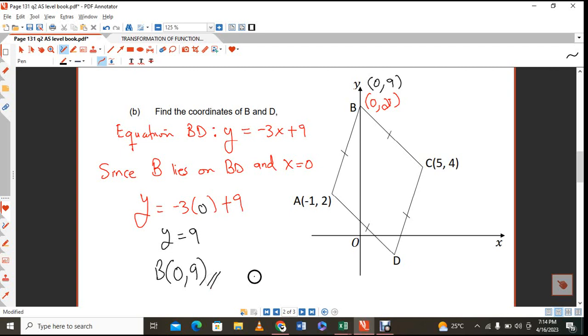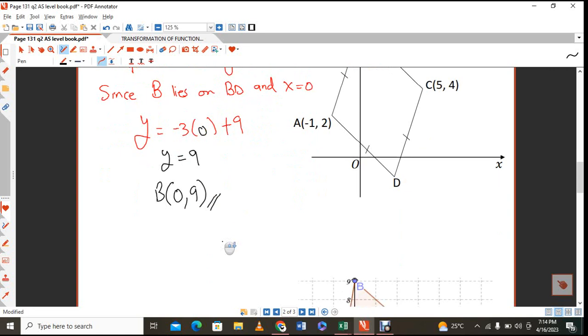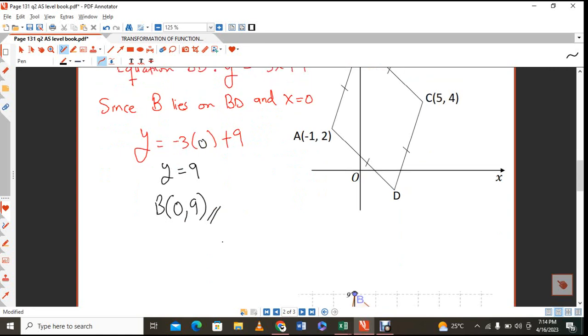Now the next one that we need to find is the coordinates of D. Once we get to D, perhaps I can write here that D is x, y. It's something very important that you need to understand.